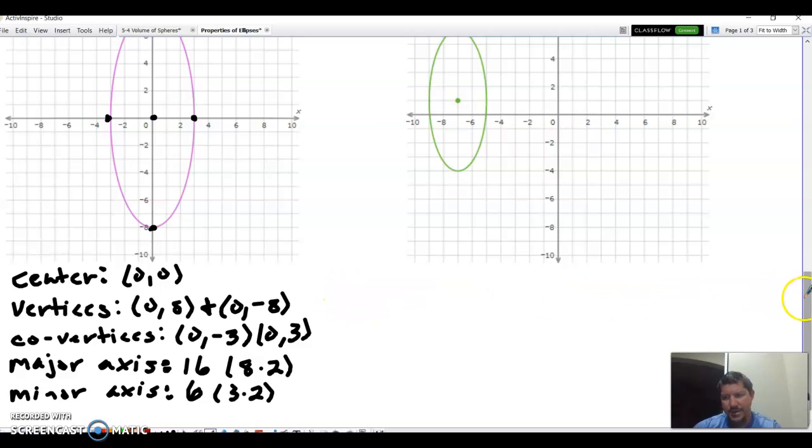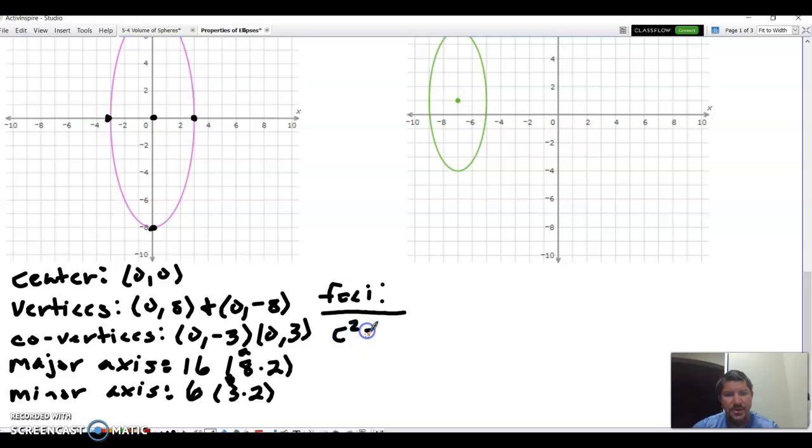And then the foci. The foci are going to be the more challenging ones, but since we have our a and our b, it won't be too bad. Alright, so we got to find c, the distance from the center to the foci. So that's a, that's b.